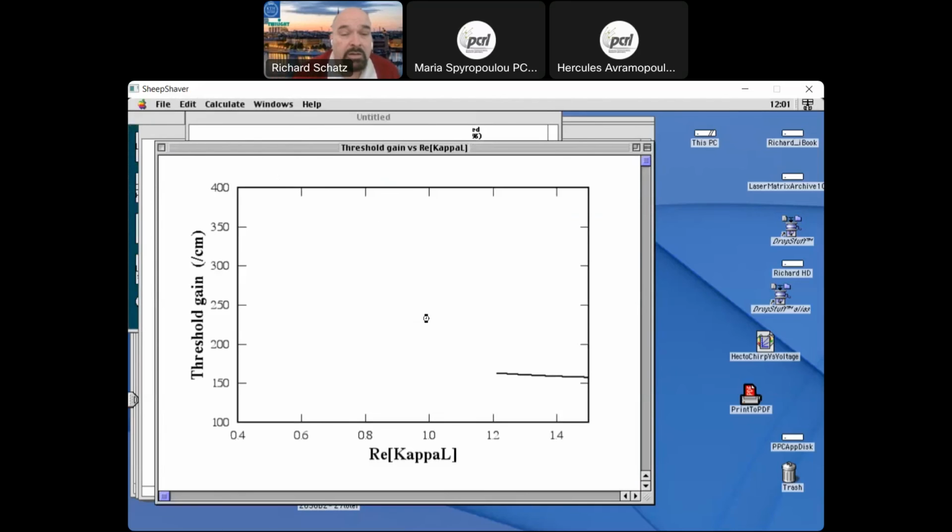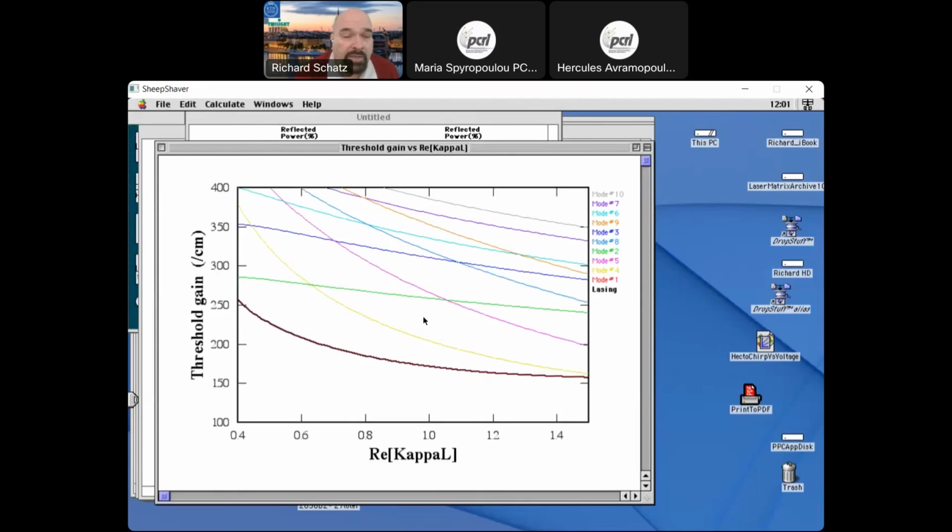And then we see here where we get the larger gain margin. And then you see here that we have a very low gain margin. It was almost multi-mode here. But around here, we have a large gain margin between the main mode and the side modes. So here somewhere you have a nice behavior.